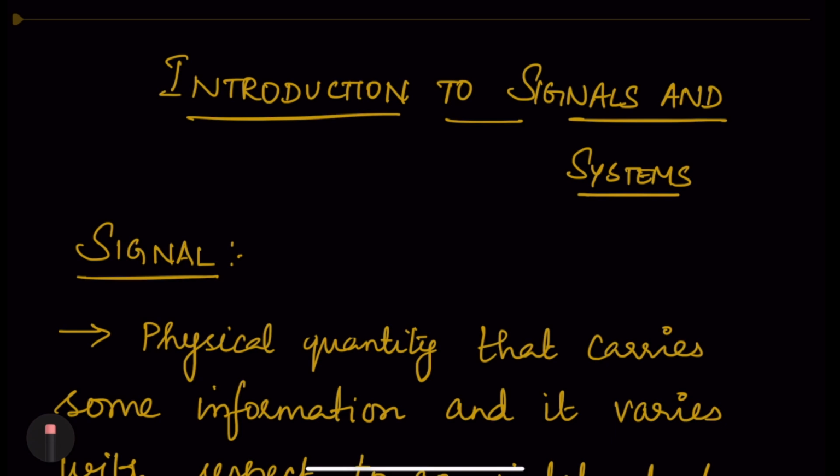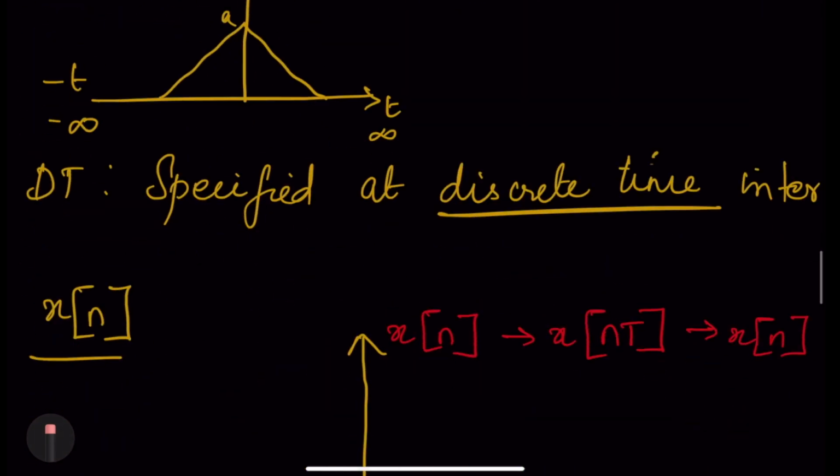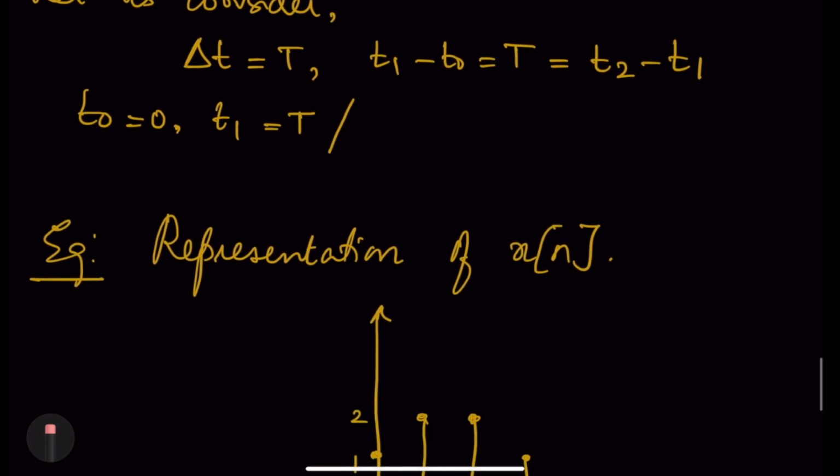So before we go to the introduction to signals and systems, let us have a brief motivation of why we are going to study the course signals and systems. For example, in our day-to-day life, how does the mobile phone carry your voice? For example, every day which we use.